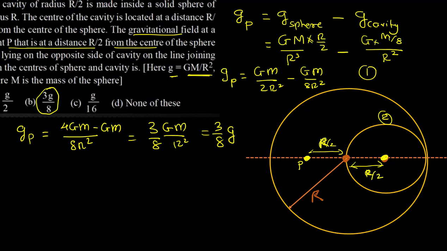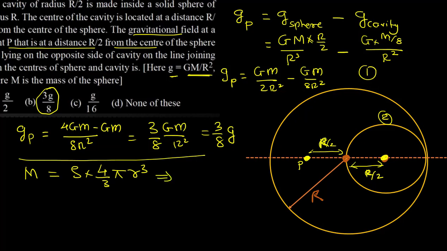How did we get this M by 8? Let us work on that. We know that mass of a sphere is equal to density of the sphere into its volume, which is 4 upon 3 pi R cube. So this would imply that M is proportional to R cube. And as we can see over here, the radius of the big sphere is R, and the radius of the cavity is R by 2.